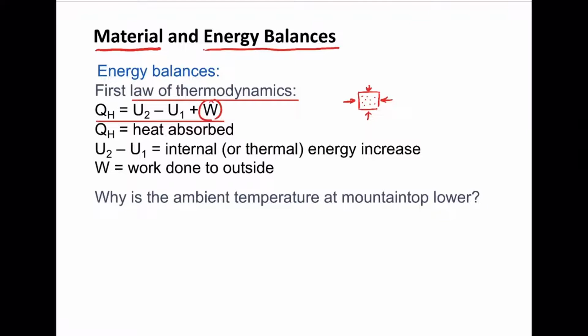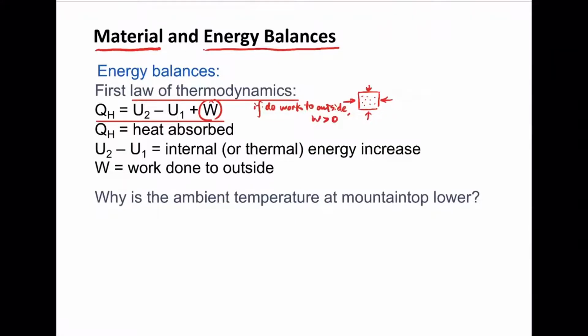When it expands, it does work to the outside. When it compresses, the outside does work to the inside. Whenever it does work to the outside, W is positive. If it does work to the outside, W is larger than 0.